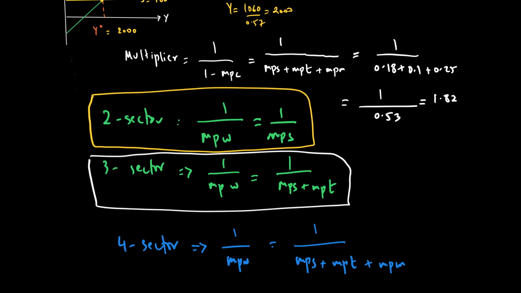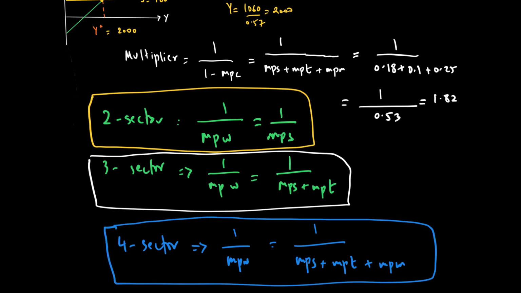So this is something which you need to understand, that once you move from a two-sector model to a four-sector model, the multiplier values will change. In fact, the multiplier will become smaller and smaller as we move from 2 to 3 to 4 sectors, and the reason is very simple, primarily because more withdrawals mean a smaller multiplier.